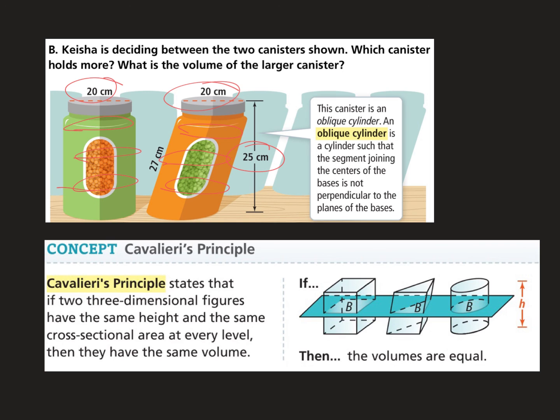So if your gut said, these don't look like they're the same, but I think they are, you're right. These volumes would be equal. Even though it's an oblique cylinder, it would still have the same volume.